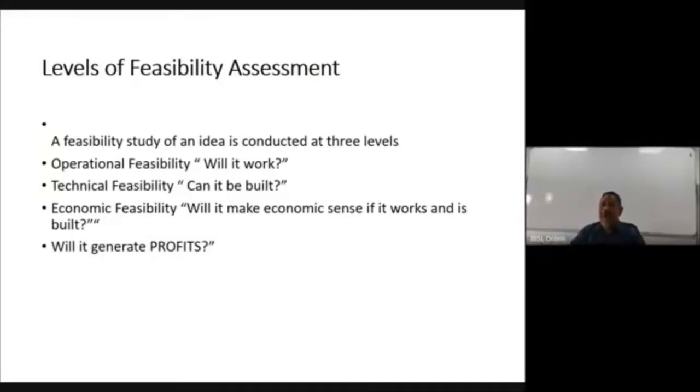Operational feasibility: whether the system will work, whether this expenditure is sufficient, whether this cash flow is sufficient. Technical feasibility: can you do it, do you have the know-how? And economic feasibility is whether, ultimately, it will generate profits. Ultimately it comes down to profitability.